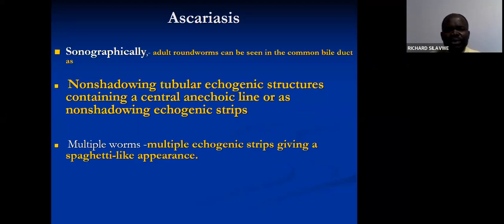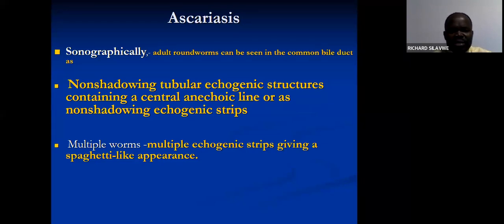Sonographically, adult worms or roundworms can be seen in the common bile duct as non-shadowing tubular echogenic structures containing a central anechoic line or as a non-shadowing echogenic strip. So if you are scanning a patient and you check the common bile duct and you are able to see this, what we are describing now, like a tubular thing, which is echogenic, containing a central anechoic line, then you know you are dealing with Ascariasis.